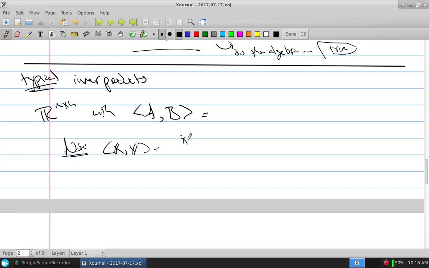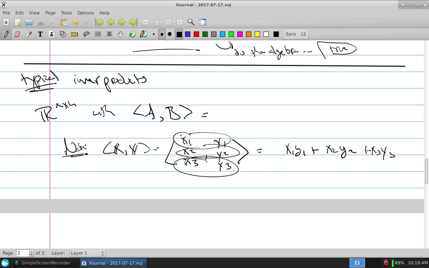It was taking x1, x2, x3, and y1, y2, and y3. What does a normal scalar product do? It just says x1 y1 plus x2 y2 plus x3 y3, right? What did it do? It said multiply same positions and then add.